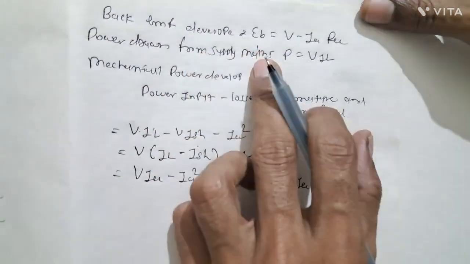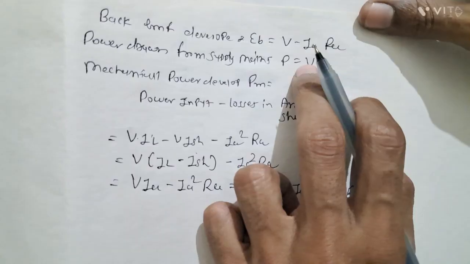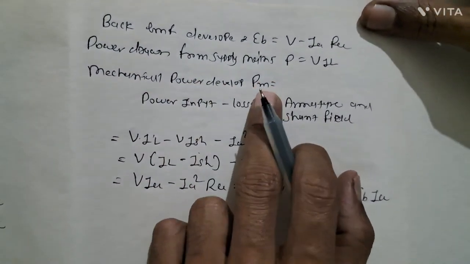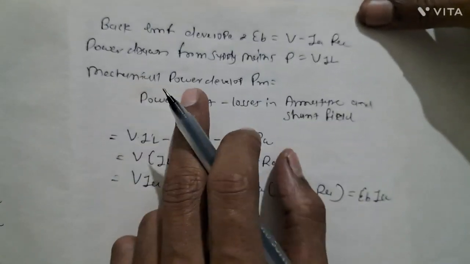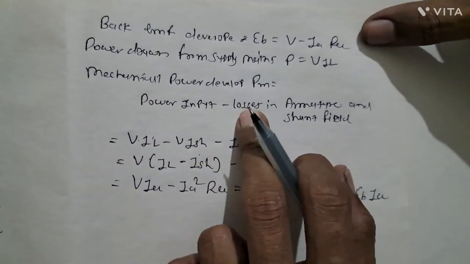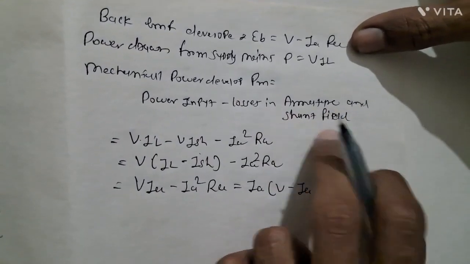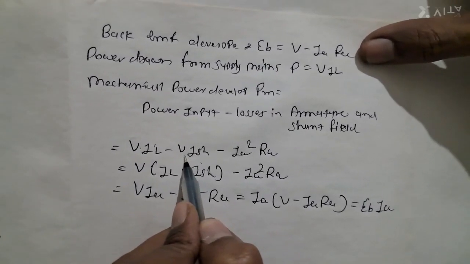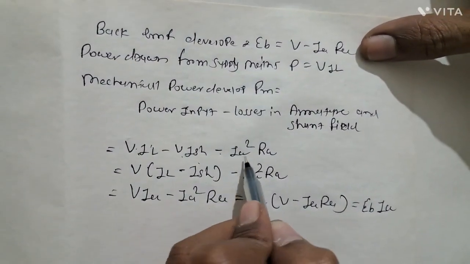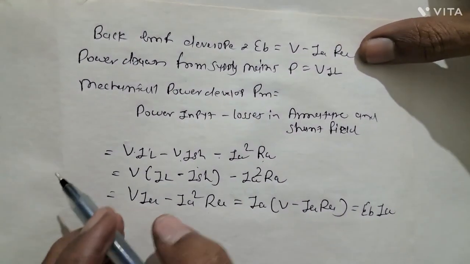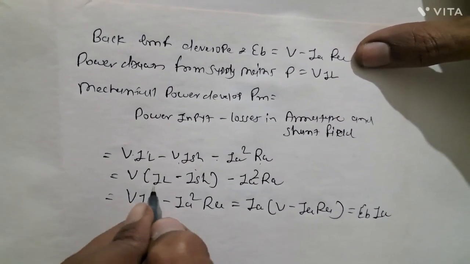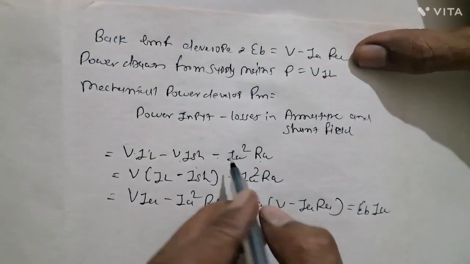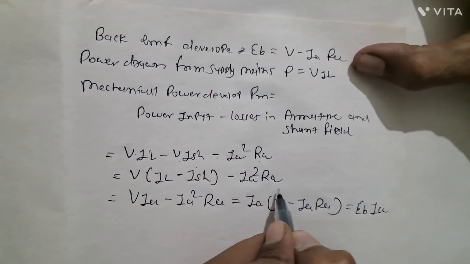The power drawn from the supply is P equals V IL. The mechanical power developed PM is the power input minus the losses in the armature and shunt field. V IL minus V ISH minus IA square RA is equal to V in brackets IL minus ISH, minus IA square RA.